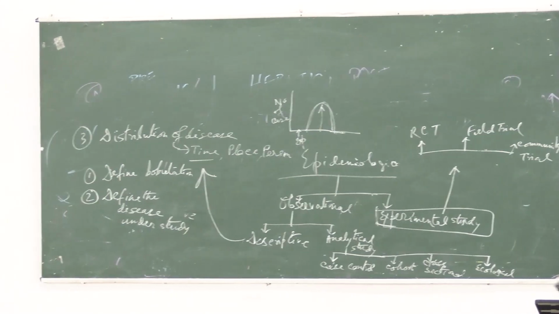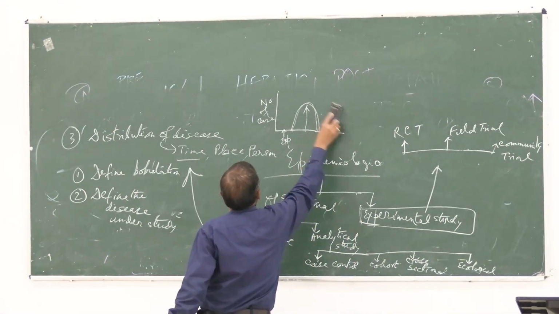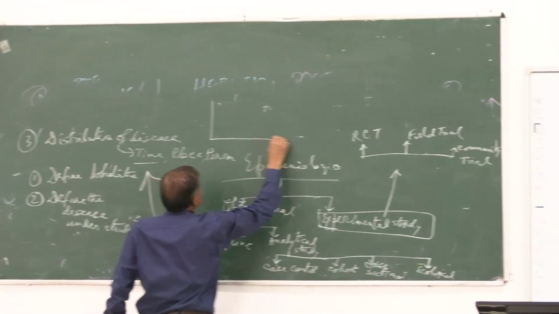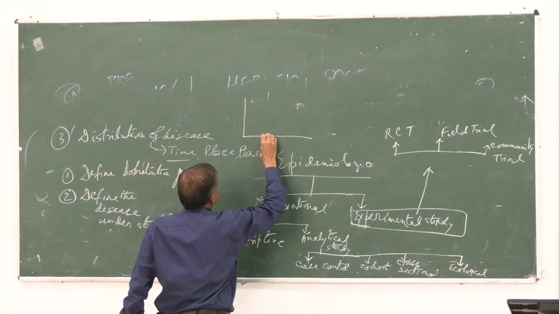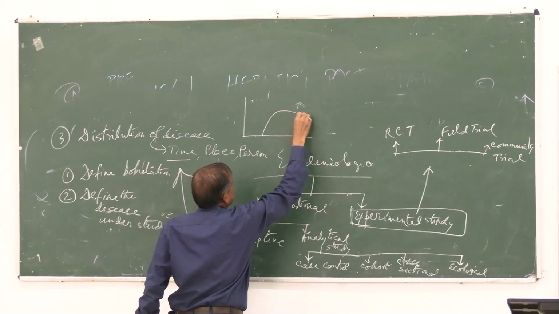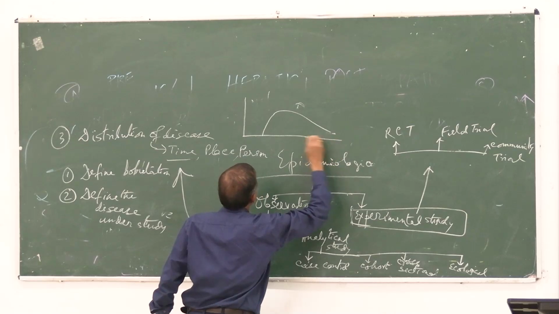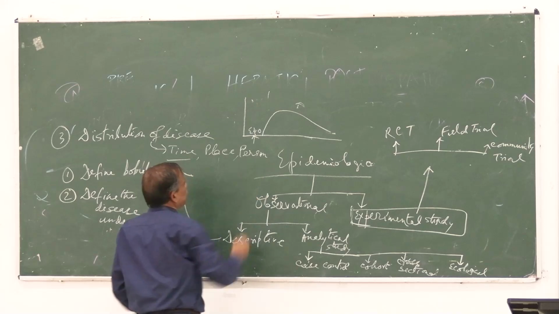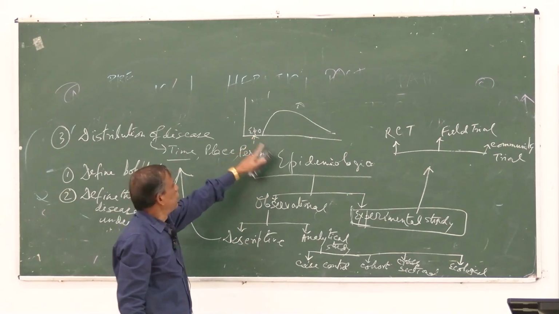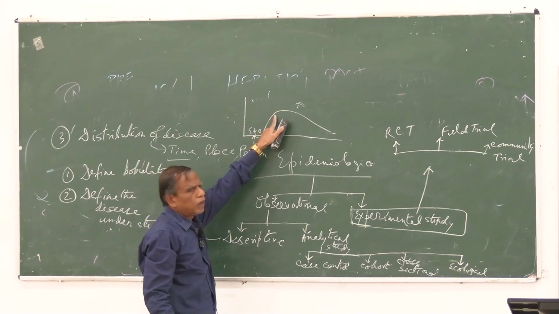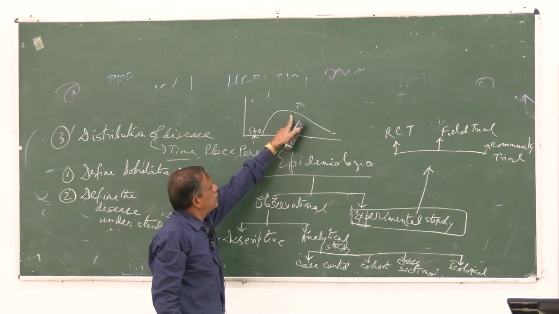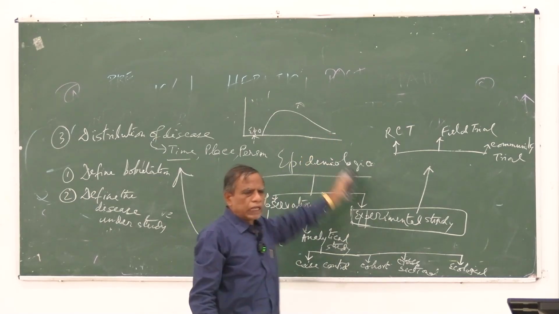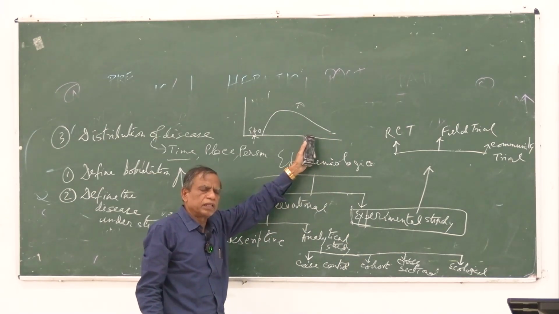Another epidemic curve is here: exposure occurred, and after that there will be a gradual rise and then a gradual fall. With the help of this curve, we can identify the source of infection.